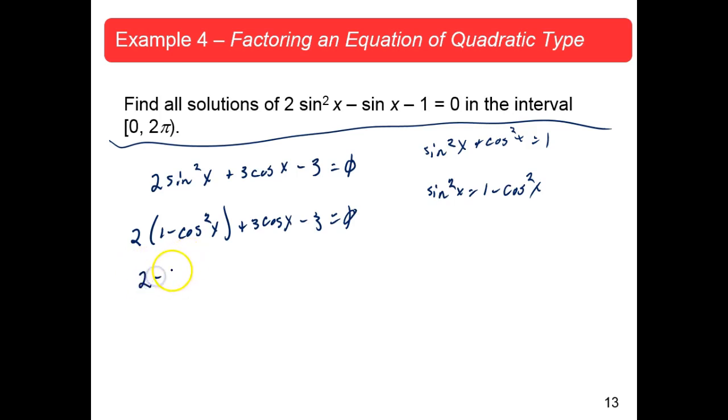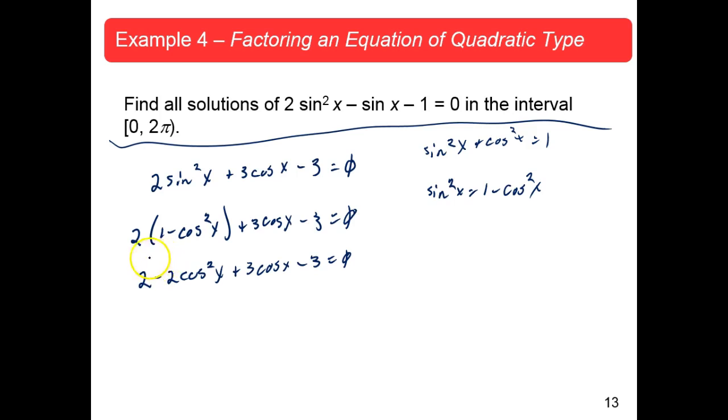2 minus 2 cosine squared x plus 3 cosine x minus 3 equals 0. Now what would you do? Could you not add like terms?